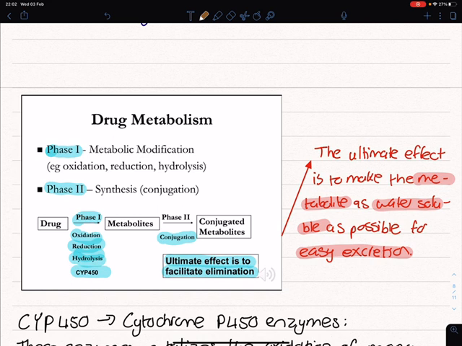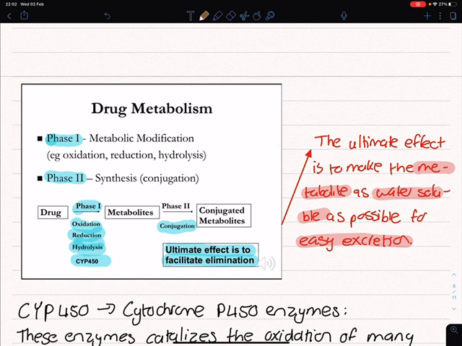So drug metabolism, also very important, aims to break down a lipid-soluble drug into a water-soluble metabolite. And there's two phases, the first phase and the second phase. The first phase is oxidation, reduction, hydrolysis, and also the cytochrome P450 enzyme, but we'll talk about that in a moment.